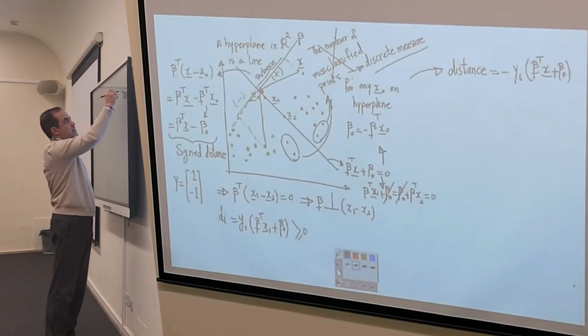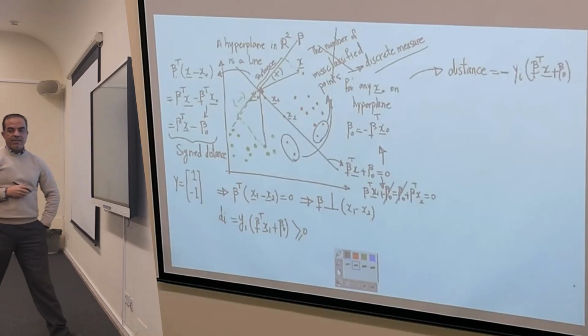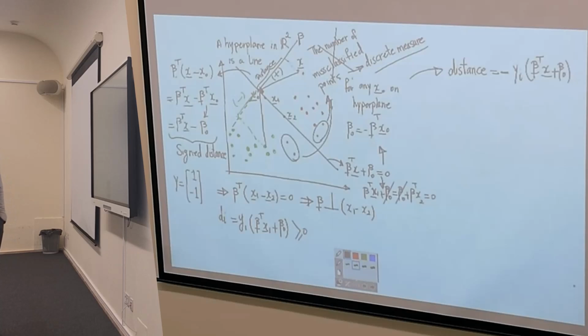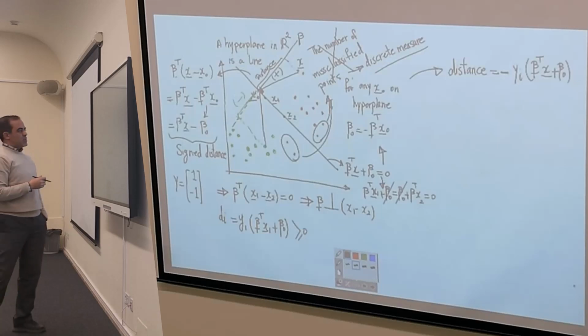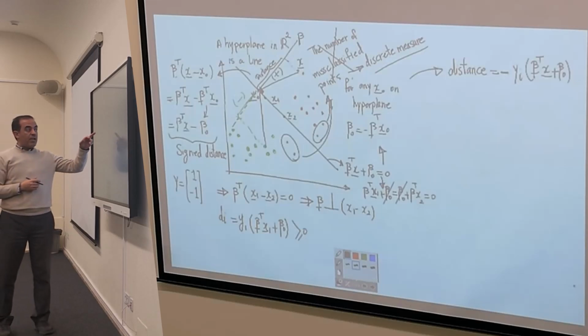Here I add a negative sign. And this negative sign is coming from what? Because this distance is going to show me the error. So basically, it should be related to the points that are misclassified.